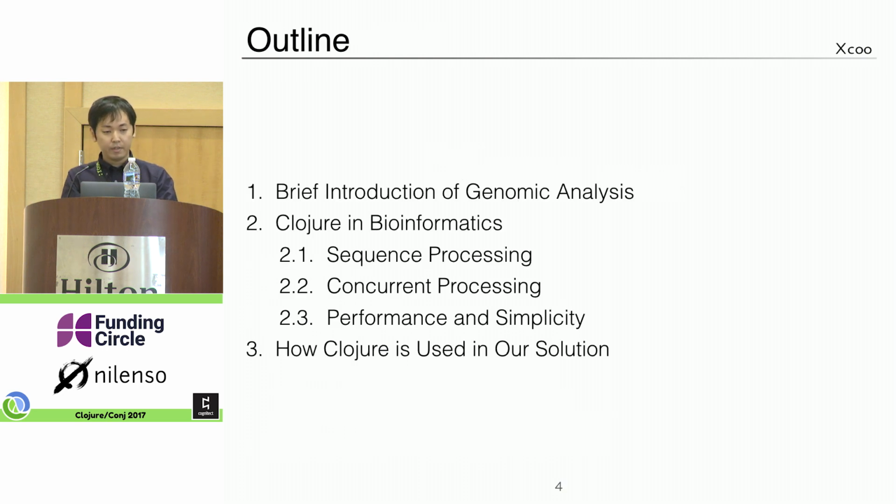This is the outline of today's talk. First, I will introduce genomic analysis and bioinformatics. After that, I will explain the main topic of my talk, why we decided to use Clojure in the bioinformatics field. In addition, I will touch on how Clojure is used in our entire solution.